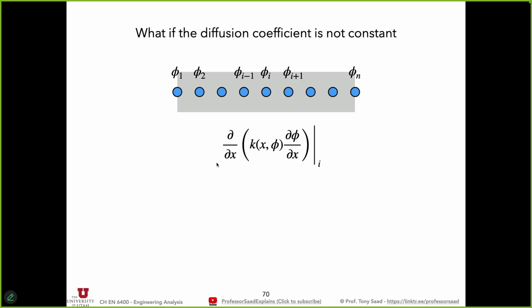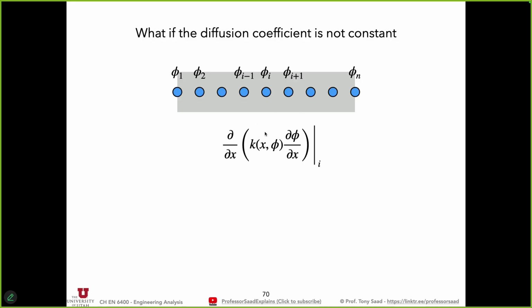It will remain div k grad phi. So in 1D, it would look like this: d by dx of k d phi by dx. Now k could be a function of x, a function of phi, or both. Whatever, it doesn't matter. Normally, it's given to you as a formula that you can plug in.